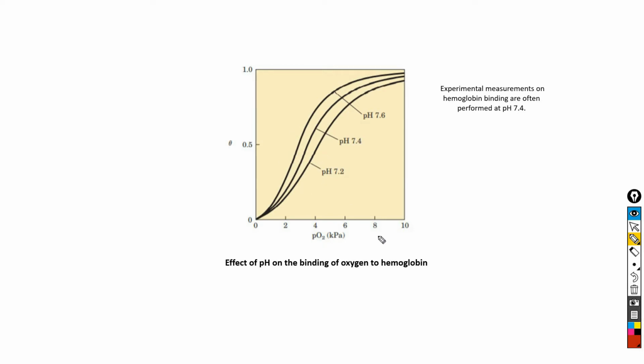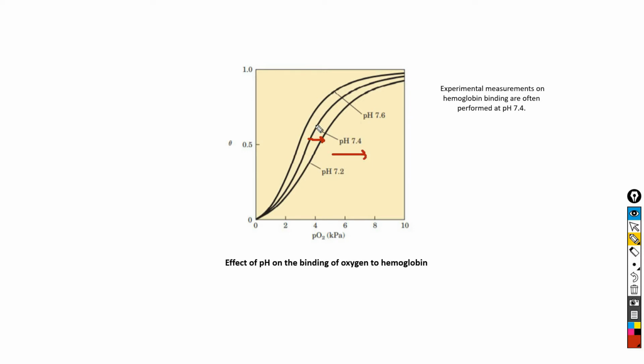In this figure, the horizontal line represents the pressure of oxygen, whereas the vertical line represents the hemoglobin saturation. When pH decreases from normal value of 7.4 to 7.2, the oxygen hemoglobin dissociation curve shifts approximately 15% to the right.